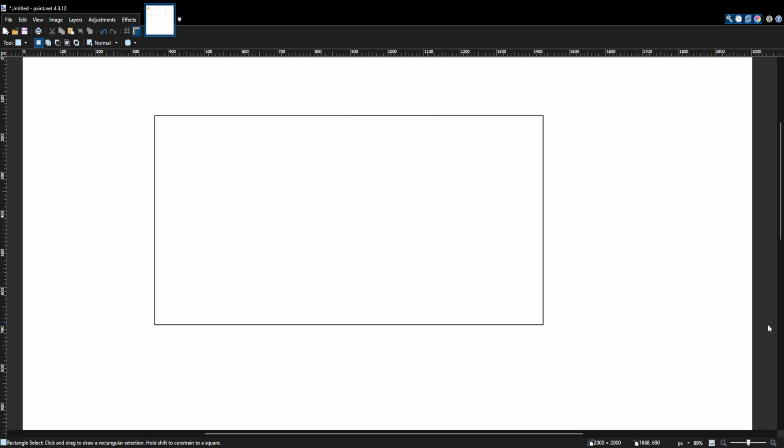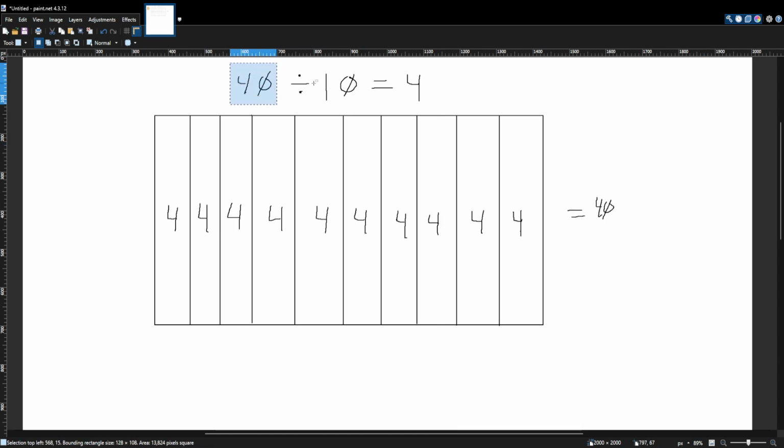Another way you can think about it is instead of 40 students being split into groups of size 10, you can think of splitting them into 10 groups. This is the same answer, right? It's just a slightly different representation. We get groups of size 4, right? And so we get the same sort of result here if I split this into 10 equal groups, each of them being of size 4.